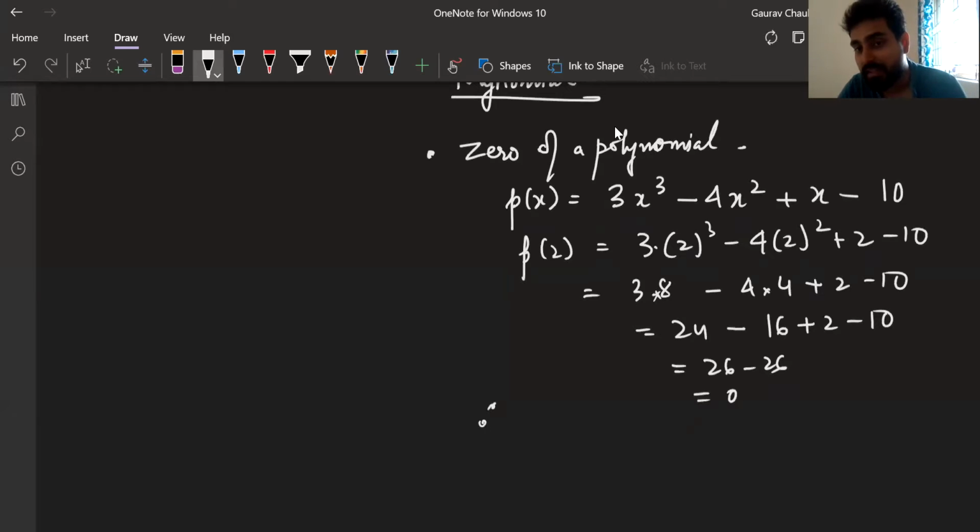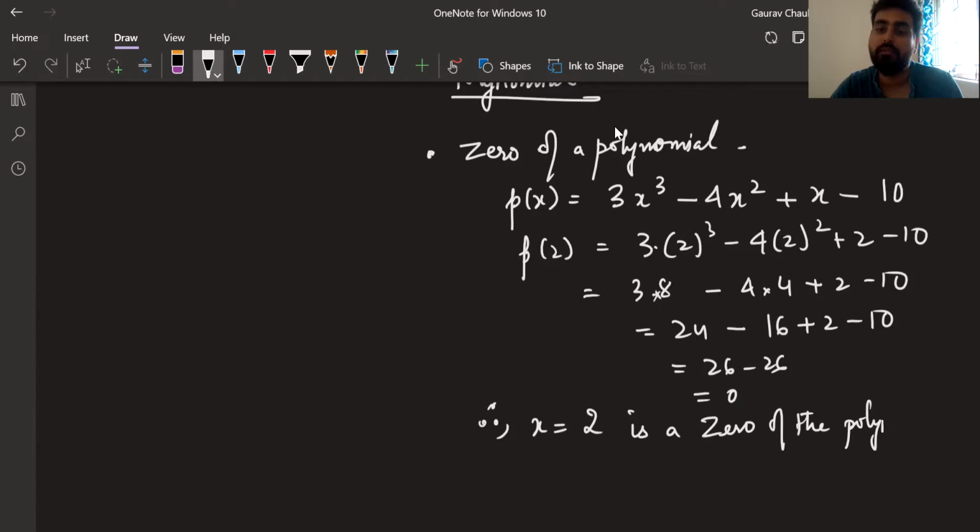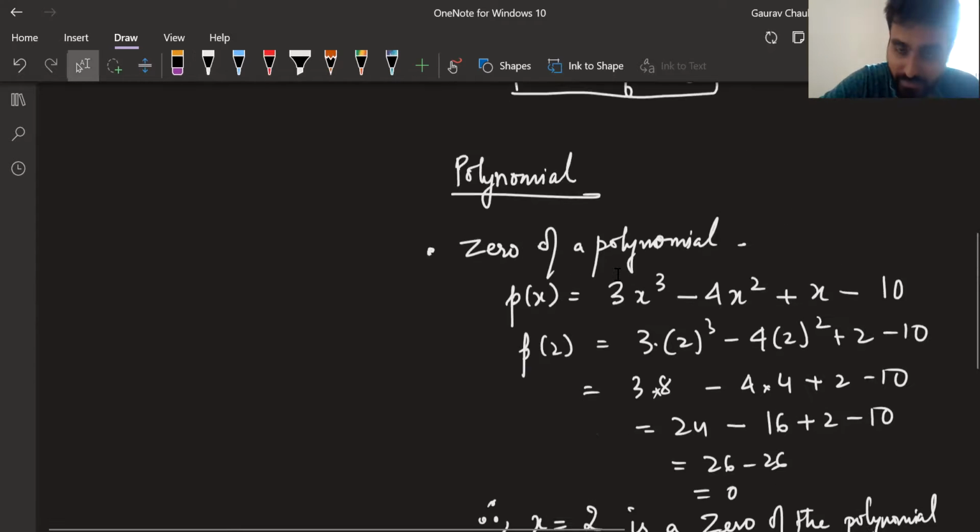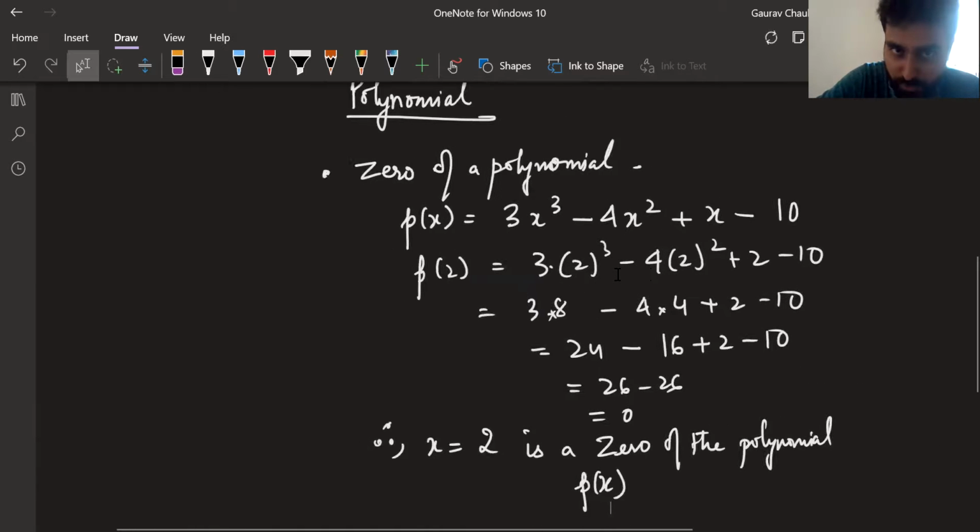Therefore, x equal to 2 is a zero of the polynomial p of x. It is not a root of the polynomial. I'll tell you what the difference is. That was my mistake, and I want you to note this importantly.